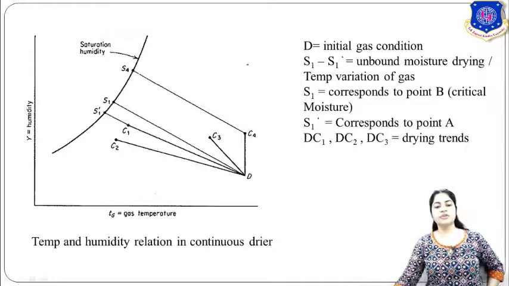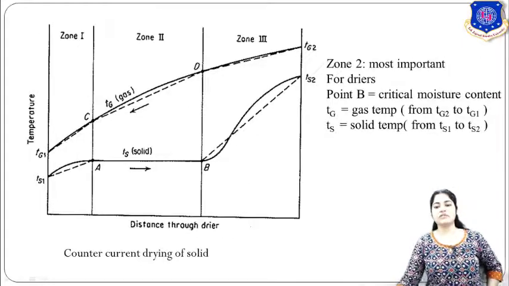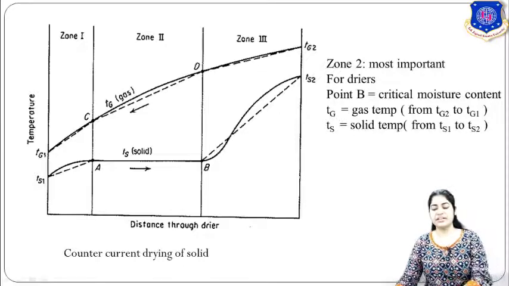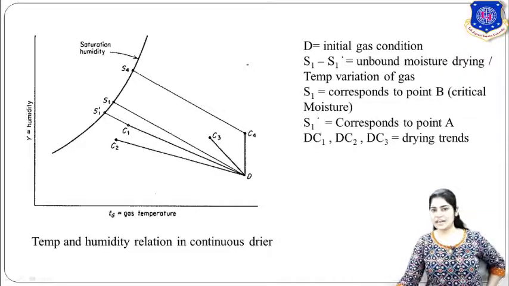Now talking about the humidity versus temperature plot. This is your saturation humidity, right? If D is the initial gas condition, meaning suppose we are talking about the gas at the entrance, that is the initial gas condition.